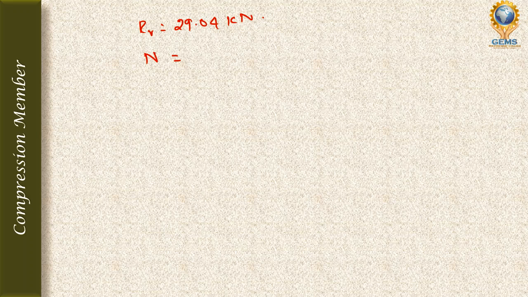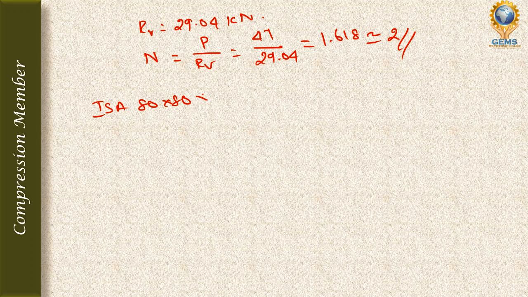Then the number of rivets required is N equal to P by RV. So P is 47 by 29.04, that is equal to 1.618. So we will give 2 rivets. For the section ISA 80 by 80 by 10, we have to check whether this section is safe or not by taking the slenderness ratio, which should be less than or equal to 180.